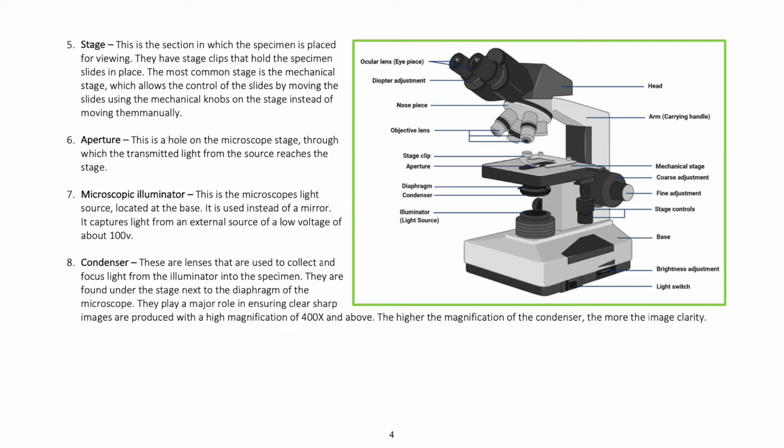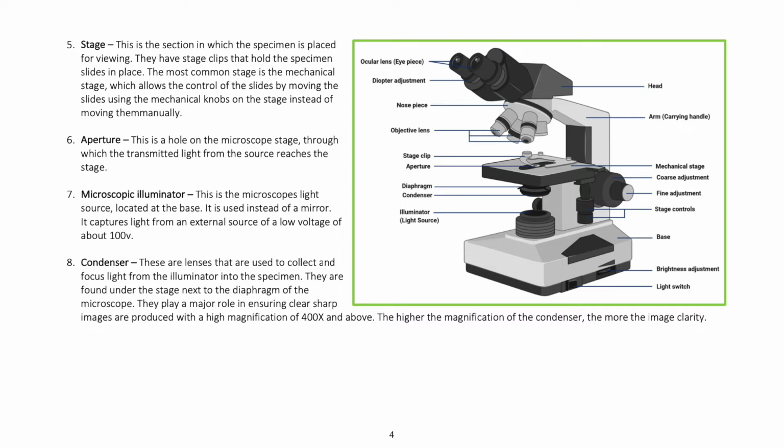Microscopic illuminator. This is the microscope's light source located at the base. It is used instead of a mirror. It captures light from an external source of a low voltage of about 100 volts. Condenser. These are lenses that are used to collect and focus light from the illuminator onto the specimen.